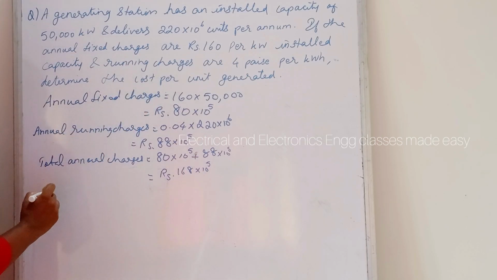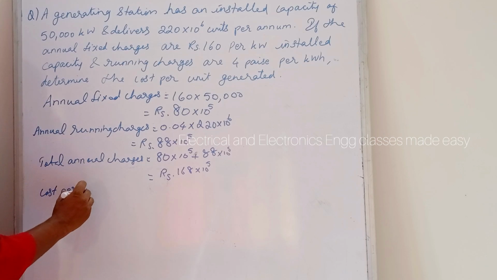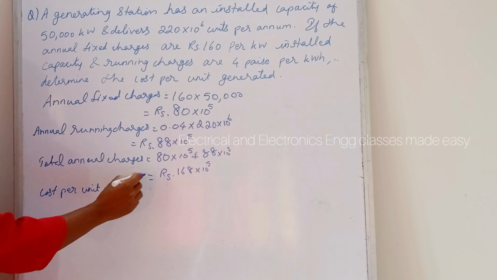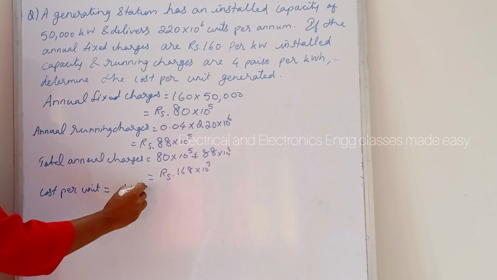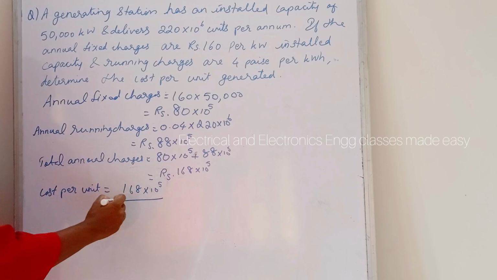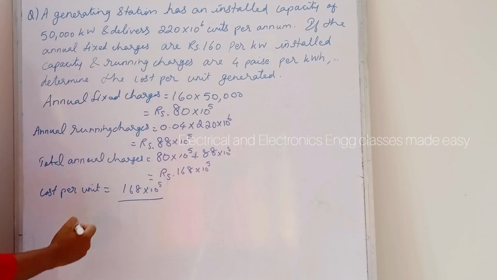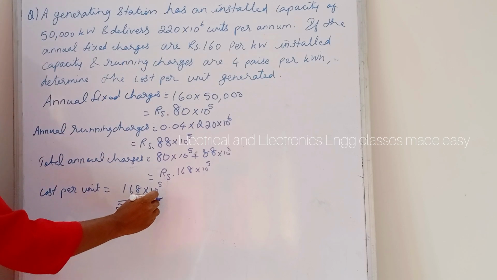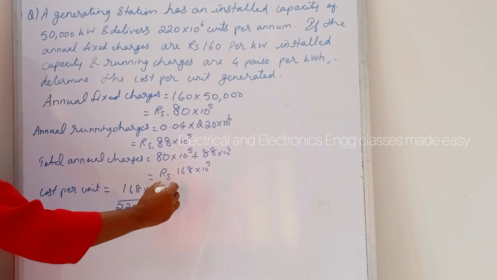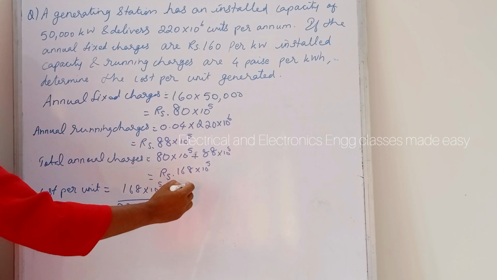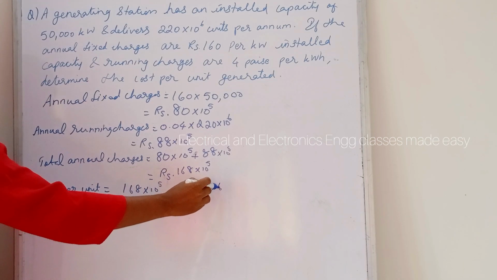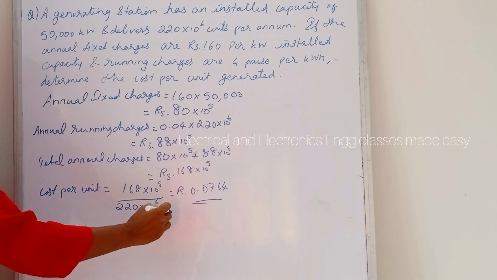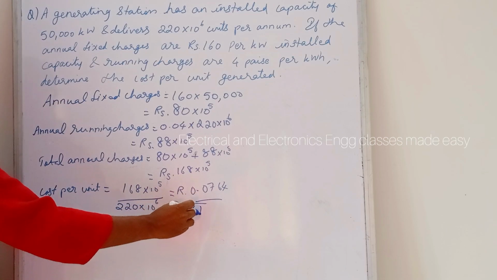Now we can find the cost per unit generated. So cost per unit generated is equal to this cost, divided by the units generated, 220 into 10 raised to 6, and that is equal to rupees 0.0764, or we can write 7.64 paise.